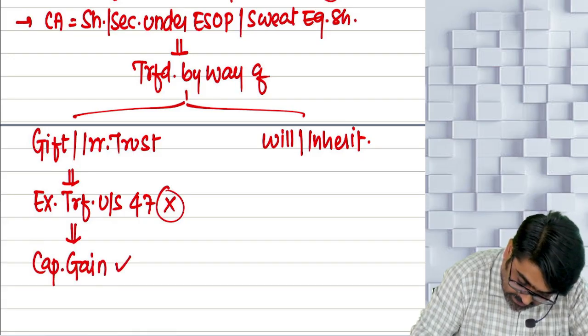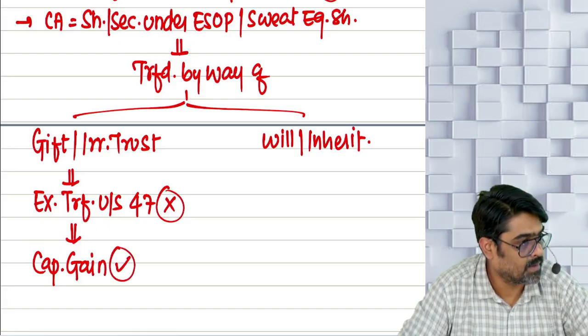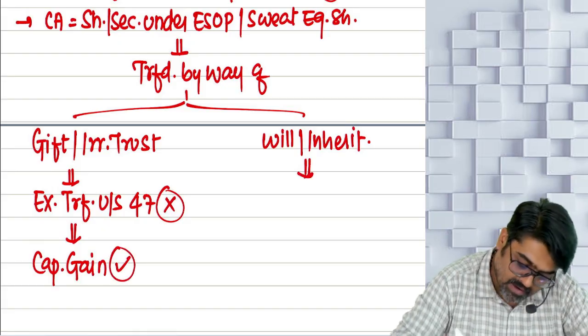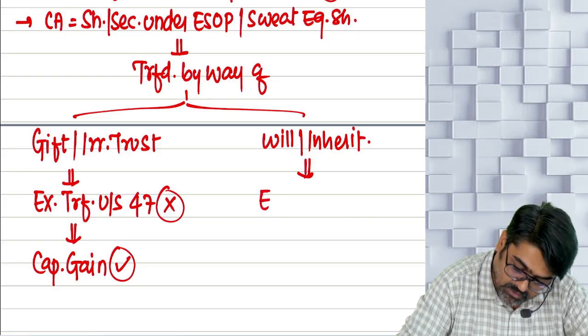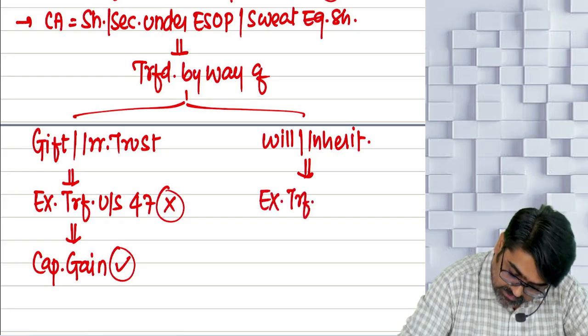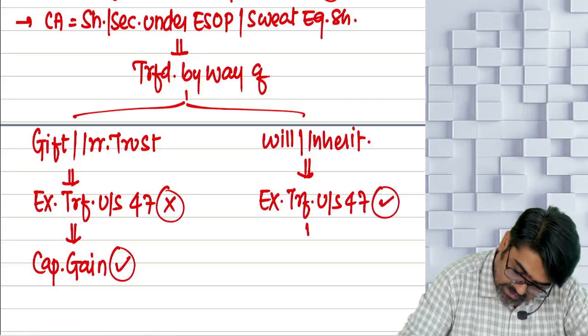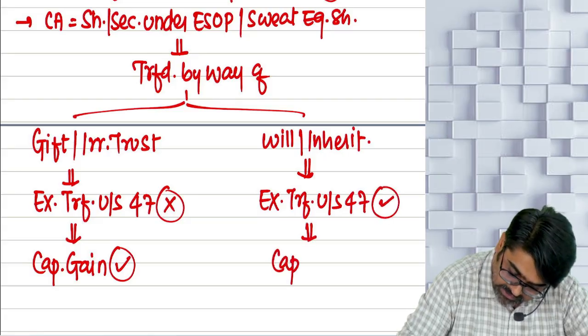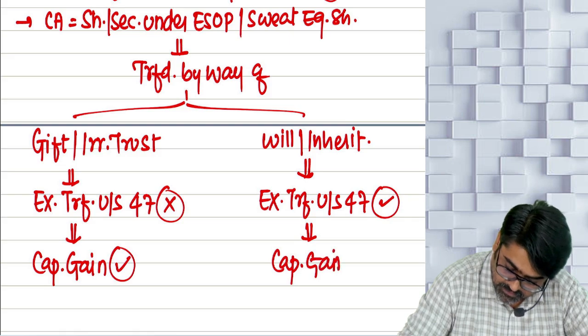And if they were transferred by way of will or inheritance, then it was your exempt transfer under section 47, and no capital gain was taxable at that time. Did you understand?